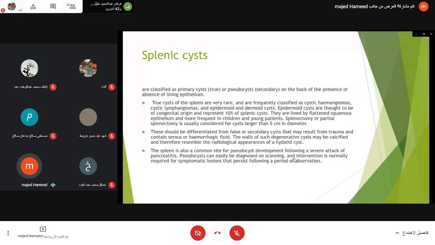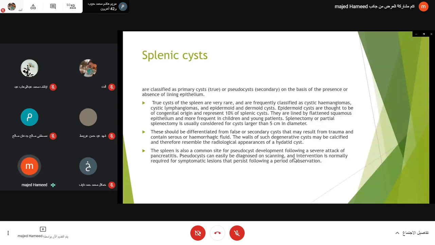These should be differentiated from false secondary cysts that may result from trauma and contain serous or hemorrhagic fluid. The wall of such a degenerative cyst may calcify and therefore resemble the radiological appearance of a hydatid cyst.